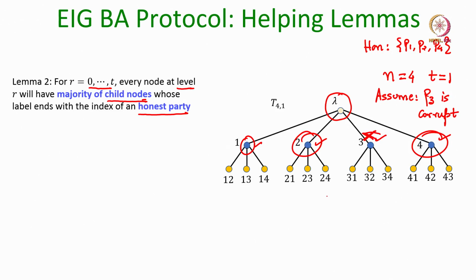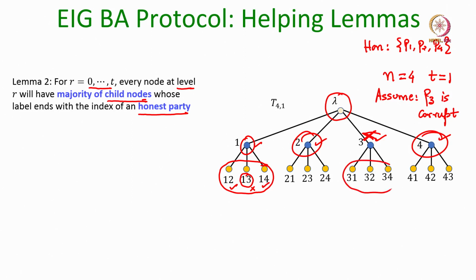Similarly, if I go one layer down, then among these 3 children of the node with label 1, only one node has a label ending with the index of a corrupt party, but the majority of them end with the index of an honest party everywhere.